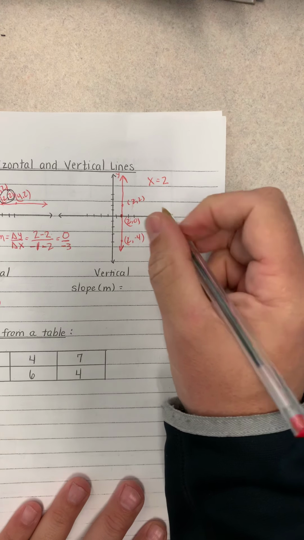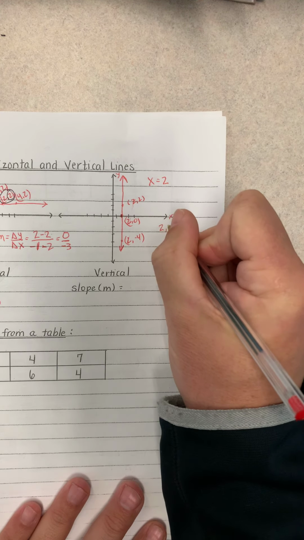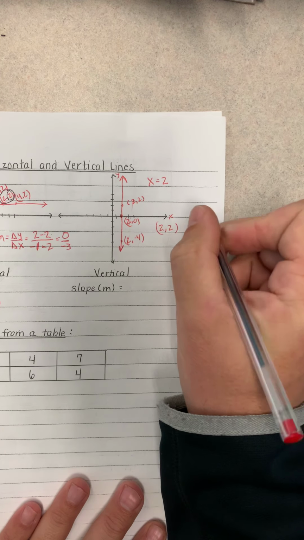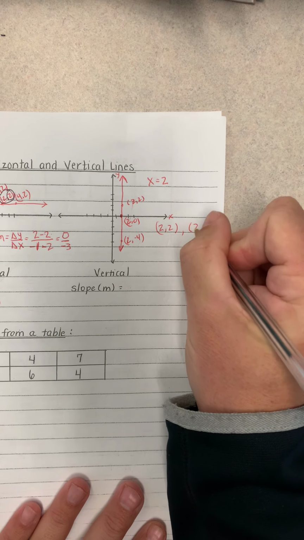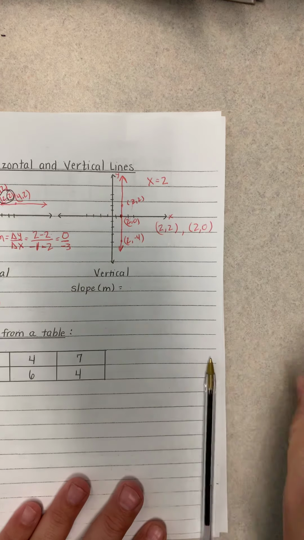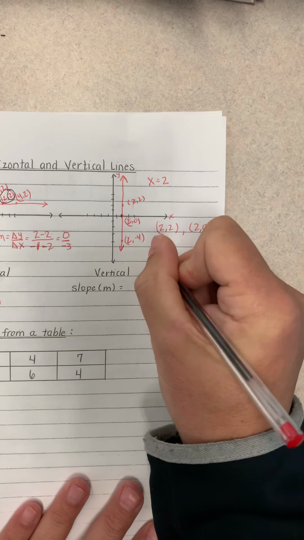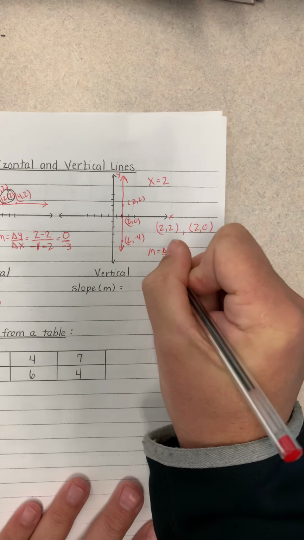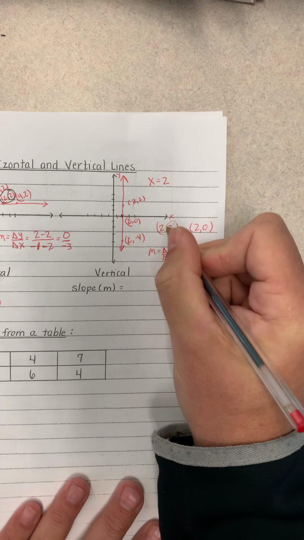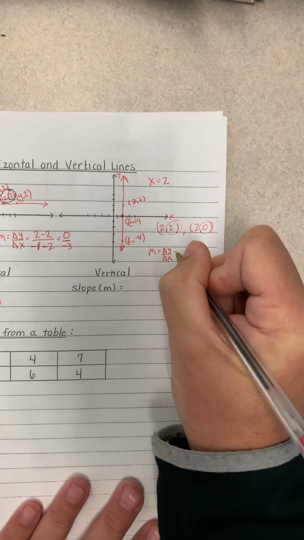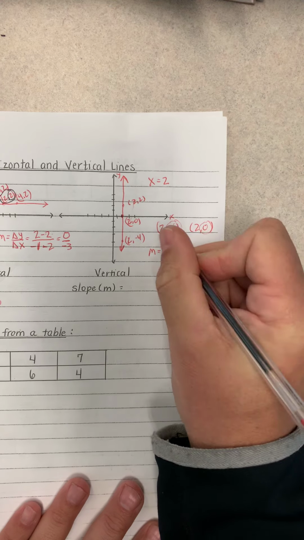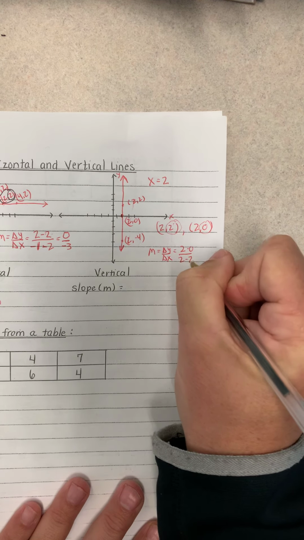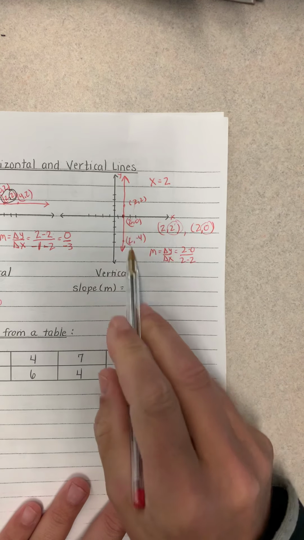So if I choose 2 points, let's say 2, 2 and 2, 0, and I do change in y over change in x, and I circle my y's, 2 minus 0 over 2 minus 2, hopefully you're going to pick up and see this pattern.